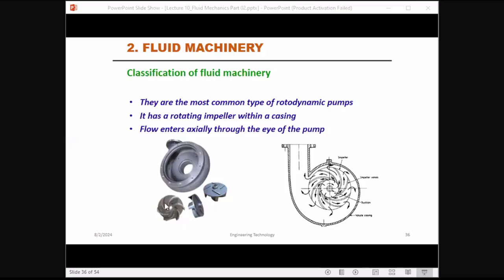This shape affects our pump performance. It will affect the suction head and discharge head in our pump, which means the power of the pump. The shape of the impeller blades affects the power of the pump.